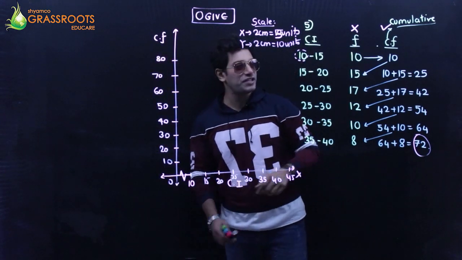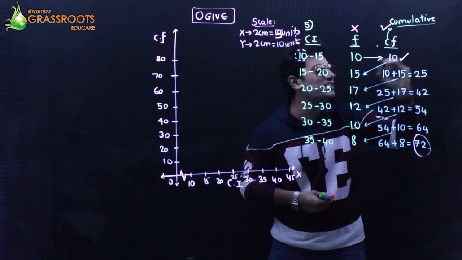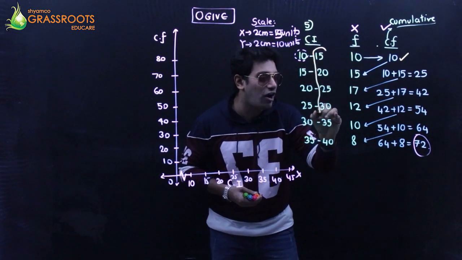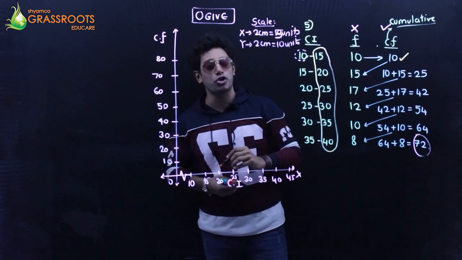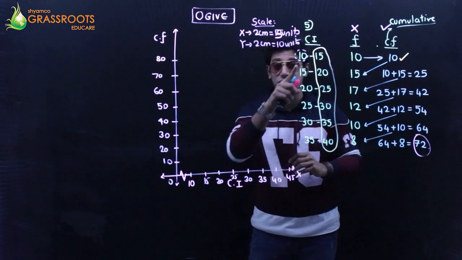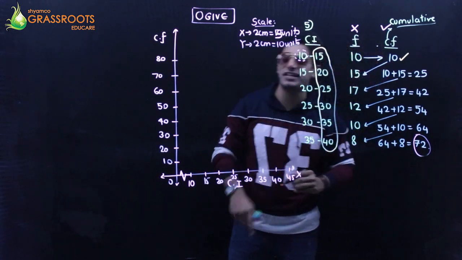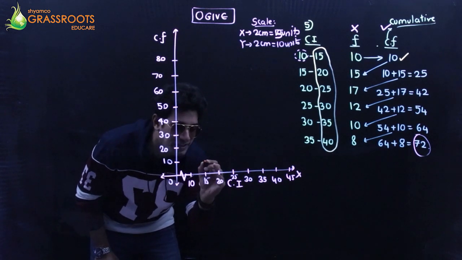The first plot is 10. Where to plot this 10? It always has to be plotted with the upper limit of the class. Remember, the plot should be done with the upper limit, not the lower limit. So at 15, you will mark 10 as a point.